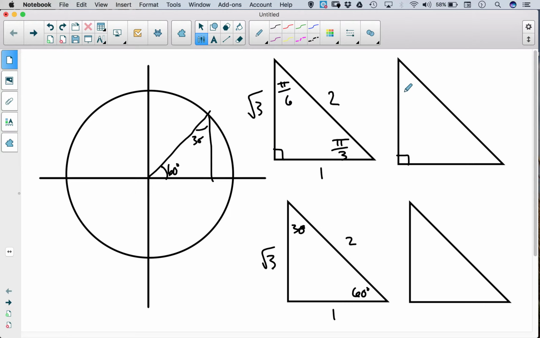And we also have a second special triangle that deals with pi over 4, or values that are multiples of 45 degrees. So 45 degrees can be found down here and here. And this one has values of root 2, 1, and 1, and the same thing up for the radian measure one.